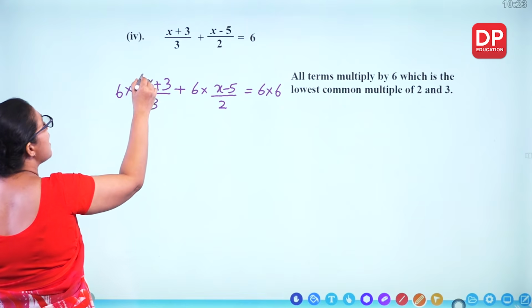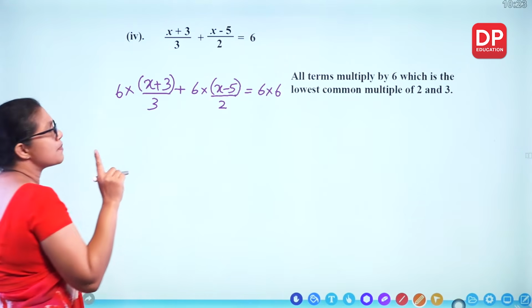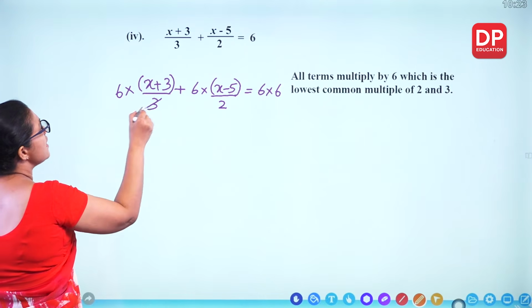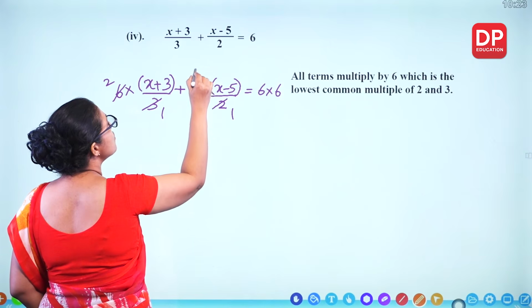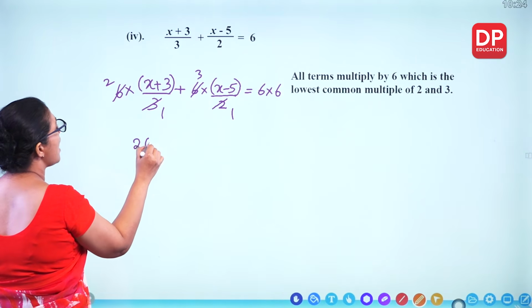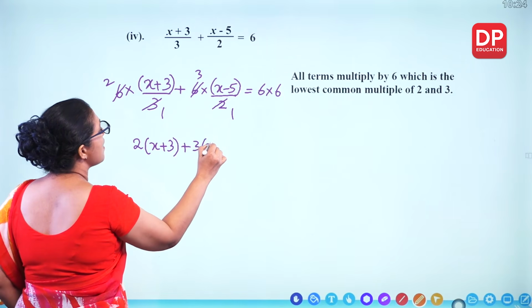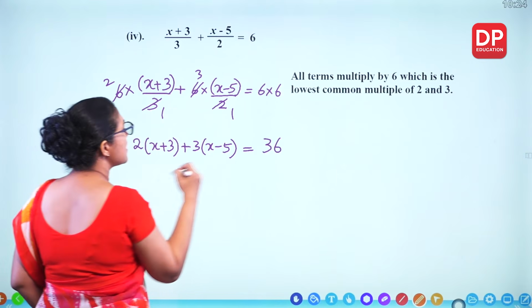and this also you have to multiply by 6. When you are doing that, make sure that you put brackets for the expression. Now, 3 times 1, 3 times 2. 2 times 1, 2 times 3. Now you get 2 times x plus 3. 3 times x minus 5 equals 6 times 6, 36.